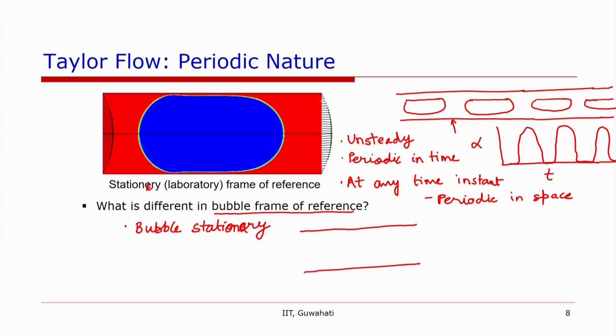In this case, you have a velocity. If the slug is long enough, maybe the velocity profile is almost parabolic. If not, then you will have some gradients in the liquid, but all in the positive direction. That is what has been shown here. But if you are in the bubble frame of reference and the bubble is stationary, the flow is in this direction in the earlier case, but now the bubble is stationary.